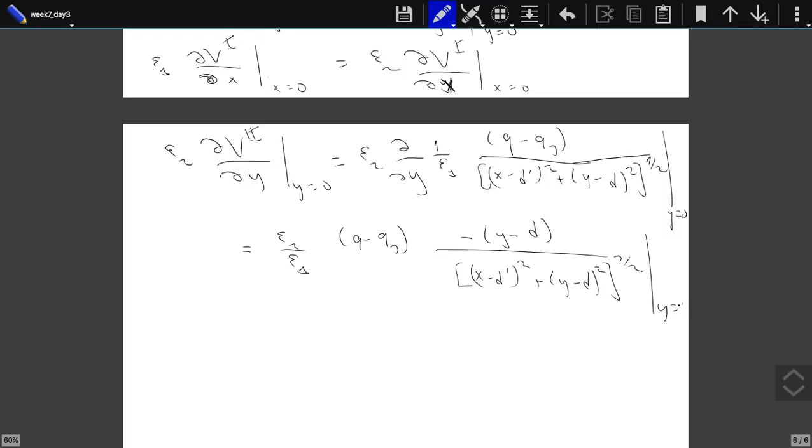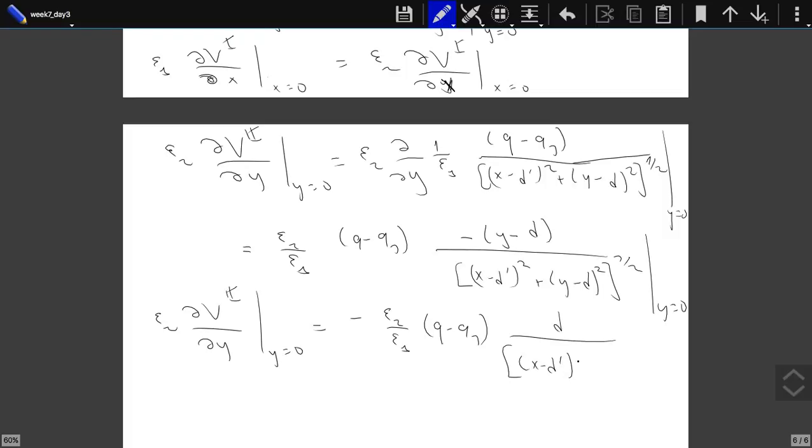Of course, you have to set y equal to 0. So epsilon 2 times del V2 by del y, evaluated at y equal to 0, is minus epsilon 2 over epsilon 1, (q minus q3), d over ((x minus d prime) squared plus d squared).